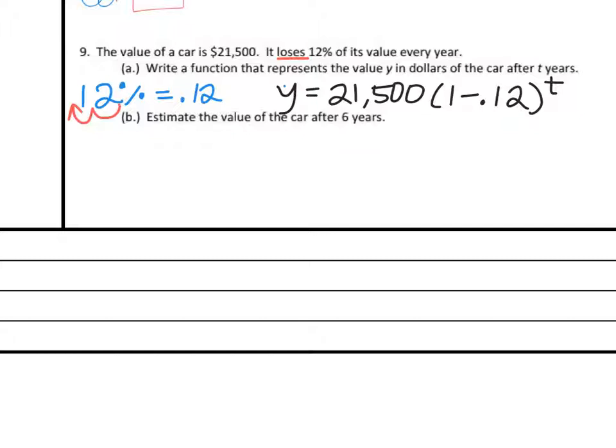We want it after 6 years, so simplify your equation here so it doesn't have that subtraction anymore. What would 1 minus 0.12 be? 0.88. So every year it's only worth 88% of its previous value.